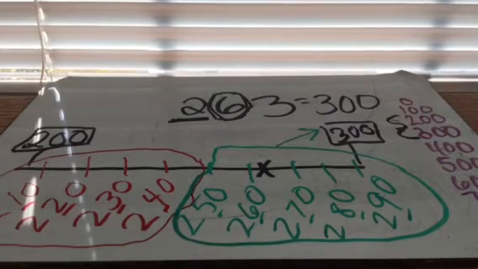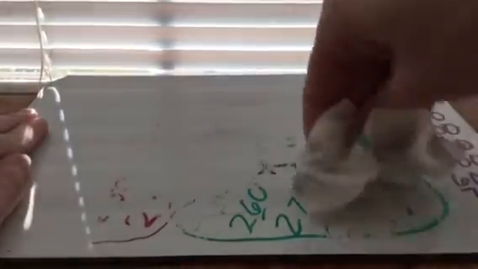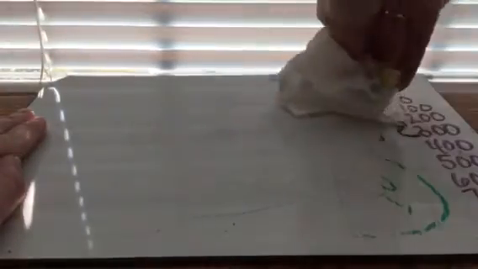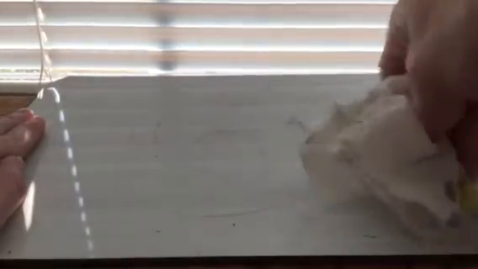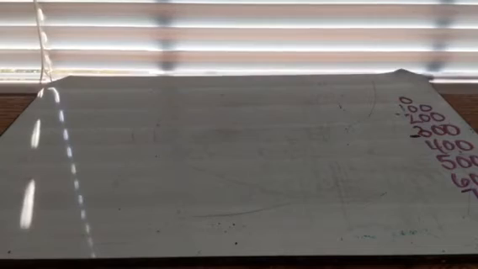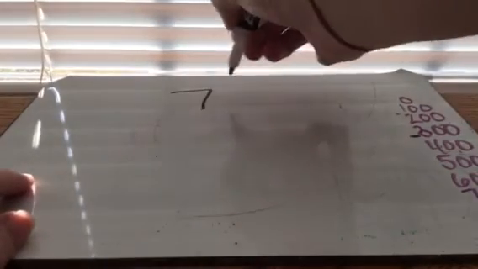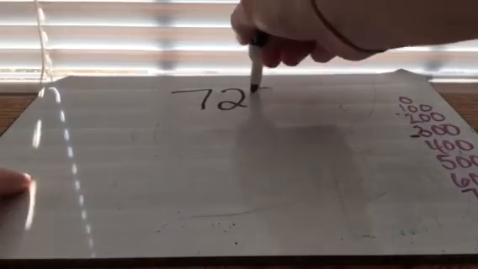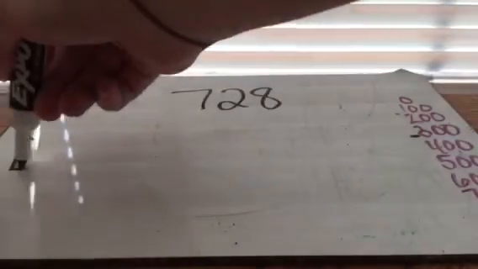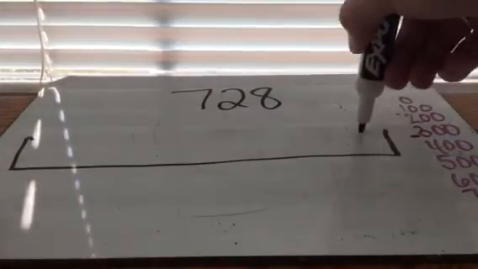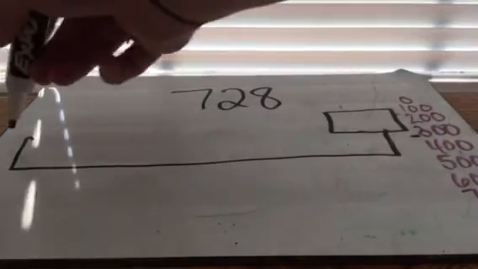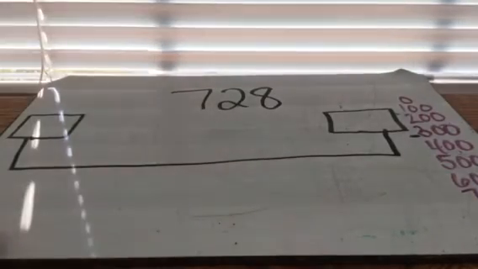Okay, let's try another example. I'm going to leave my counting by hundreds there for reference for the next one, but we'll start a new number line. Okay, so my second example, let's do 728, and I want to know, what does 728 round to the nearest 100?